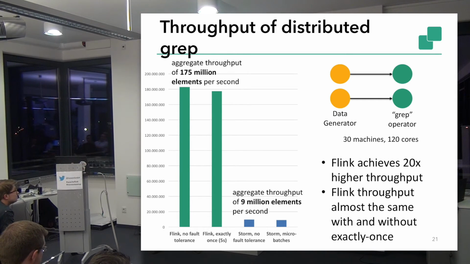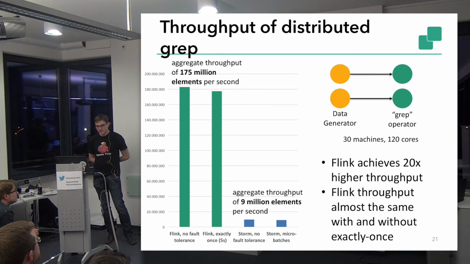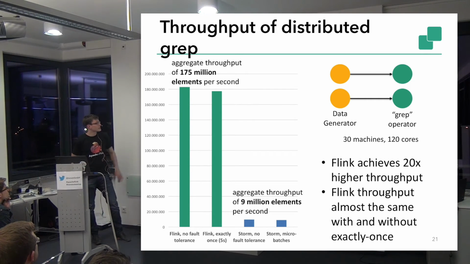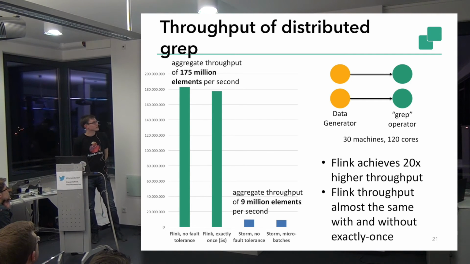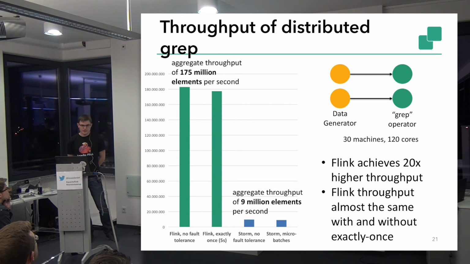In this case, we just generate some text, some strings, and then we have a second operator, a grep operator, which is searching for certain regular expressions within this stream of strings. And these two green bars are for Flink, and that's the aggregate throughput of a 30 machines cluster on Google Compute. And the throughput is 175 million elements per second.